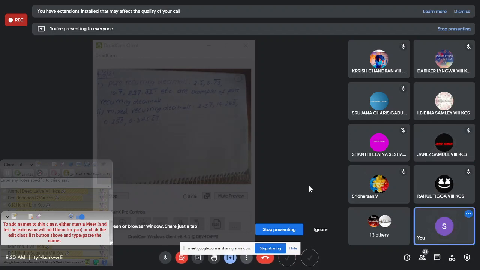The block of digits 5, 8. 58, 58, 58 like this, infinitely many times it repeats. In this example, 6, 7. So, by observing these examples, you understand which digit or which block of digits is repeating.